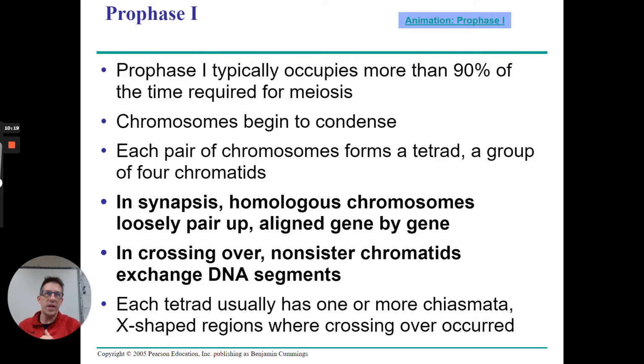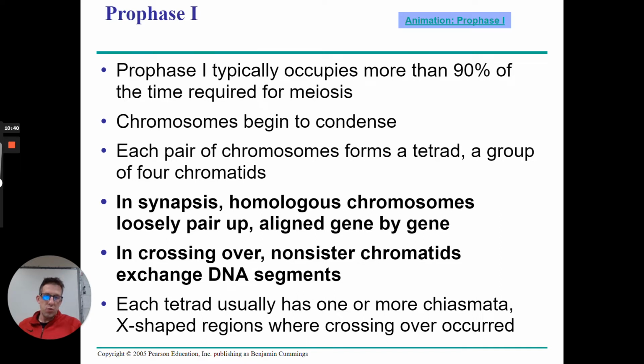So we end up with 23 pairs of homologous chromosomes that ultimately will match up with each other. They will find each other and loosely pair up. And when they do, they form something called a tetrad, because what you'll see is there are basically 4 chromatids grouped together.